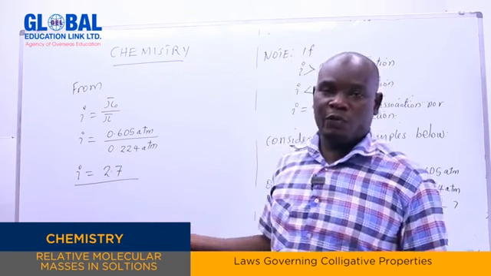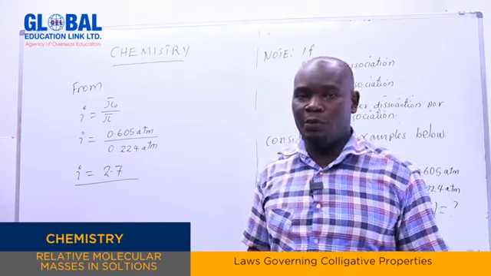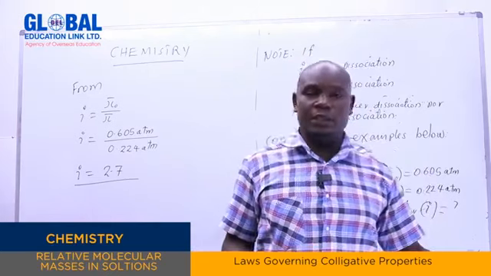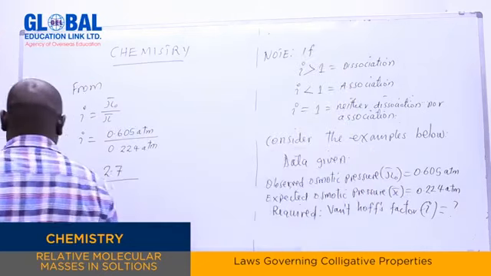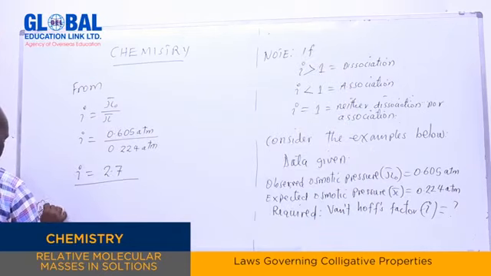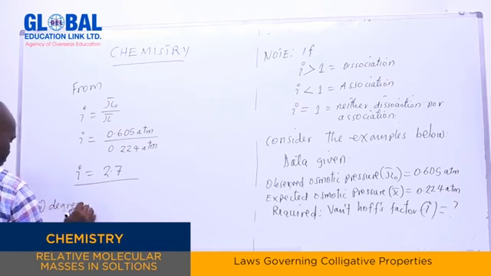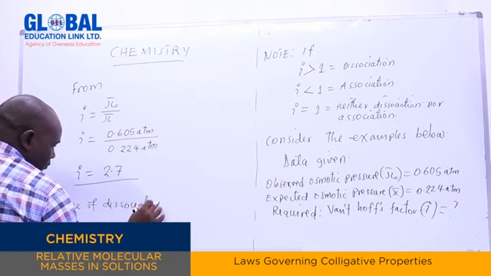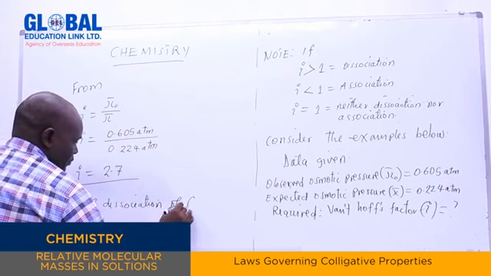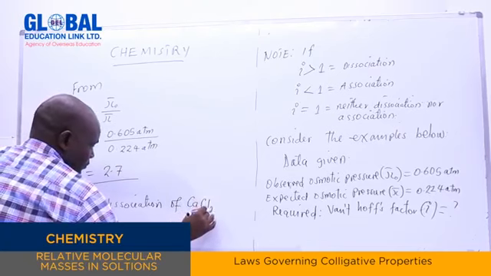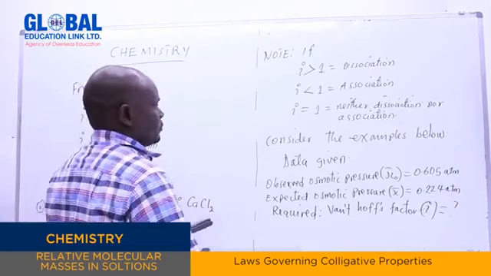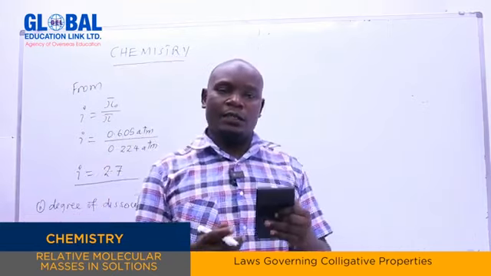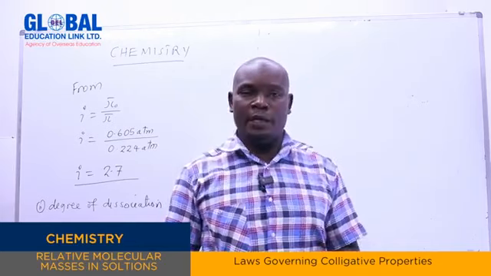Now, the second part, you have been asked to calculate the degree of dissociation of our solute, which is calcium chloride. Normally calcium chloride dissociates to release calcium ions and 2 chloride ions.